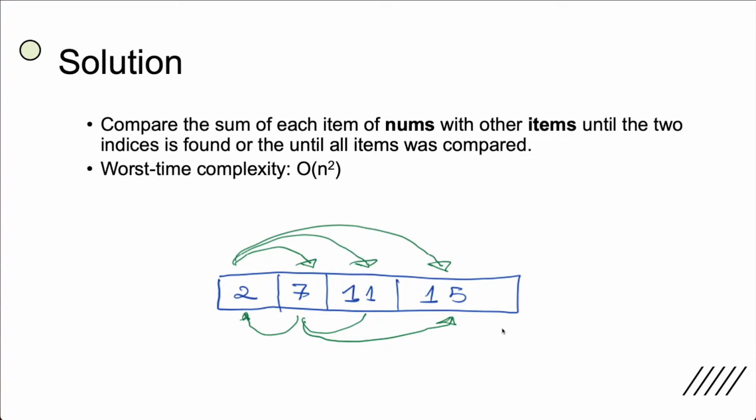interesting drawing trying to visualize the steps that the JavaScript interpreter, or Node.js, takes while executing, which is essentially it starts with the first element, and it compares the first element with all the other elements in the array, and then it jumps to the second element, in this case, element of index 1, and compares it to the first element, to the second, then in this case, the third element, and then to the last element.